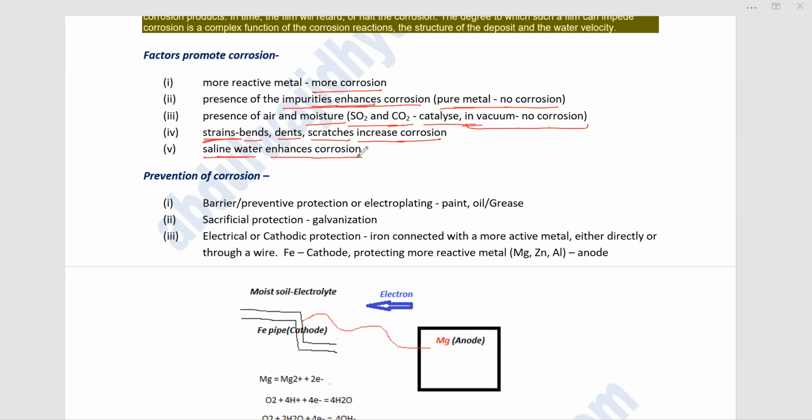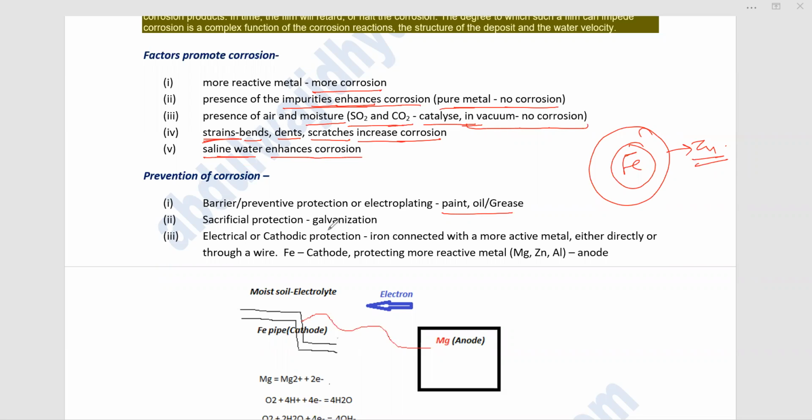See, if there is zinc coating on the surface of Fe, that is based on the principle of sacrificial protection, and this is called galvanization.